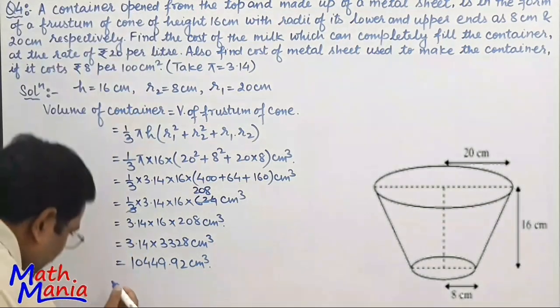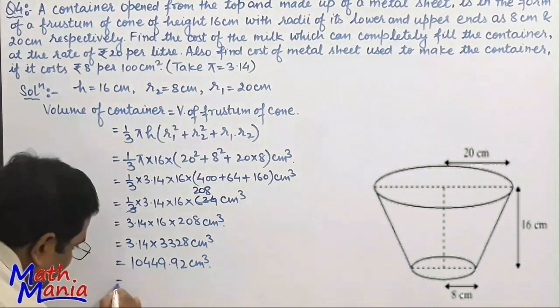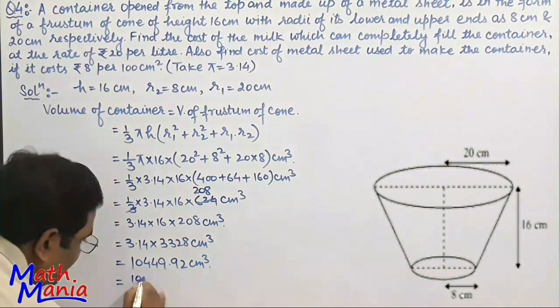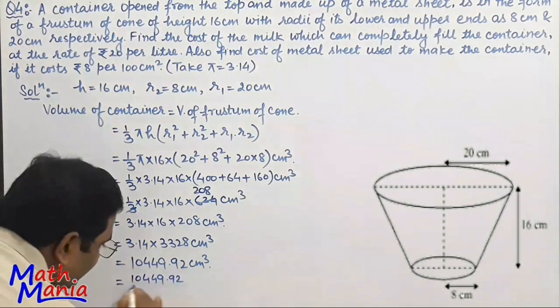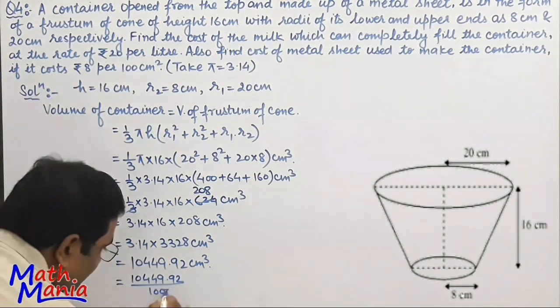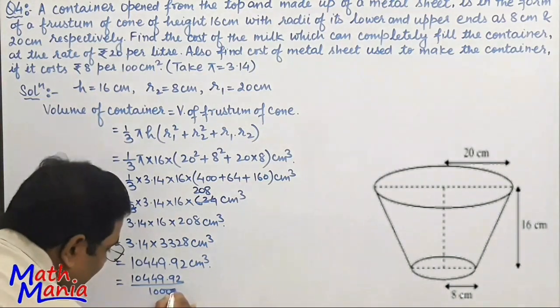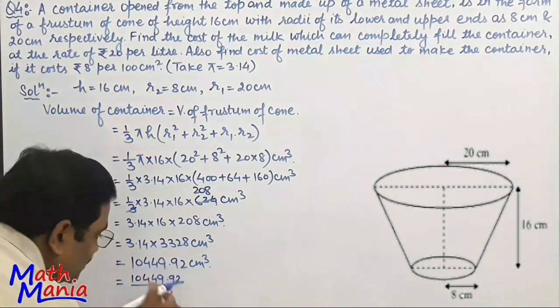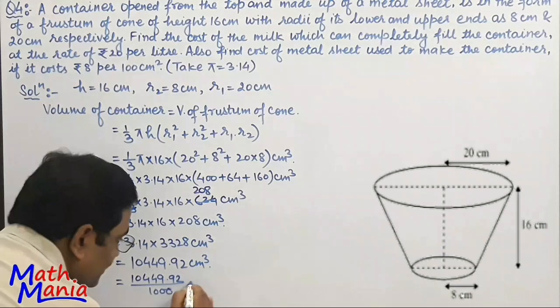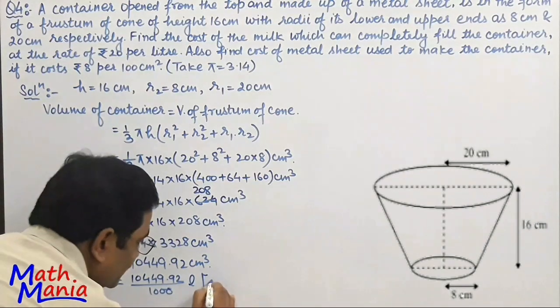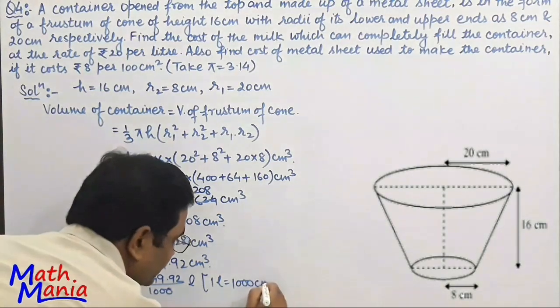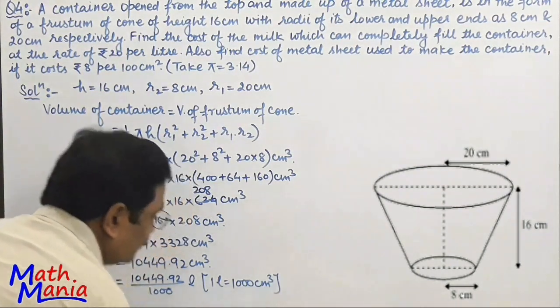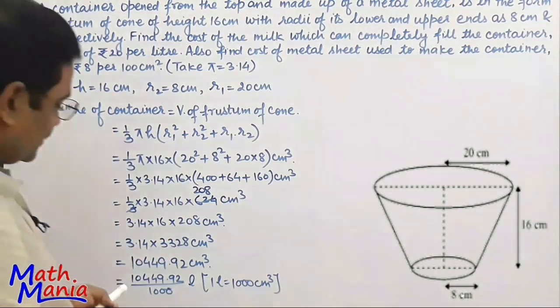Therefore you can write it 10,449.92 divided by 1000 liter, because 1 liter is equal to 1000 centimeter cube, right? So let's divide it.